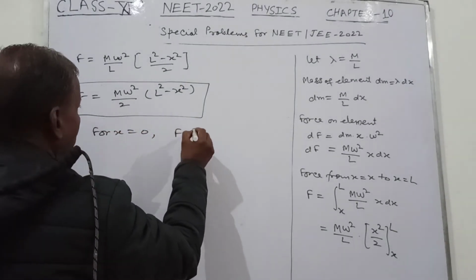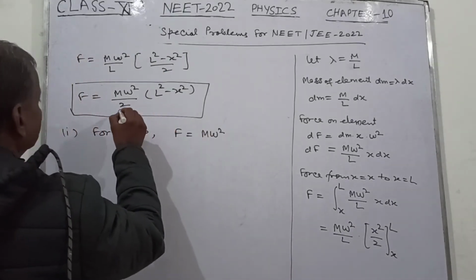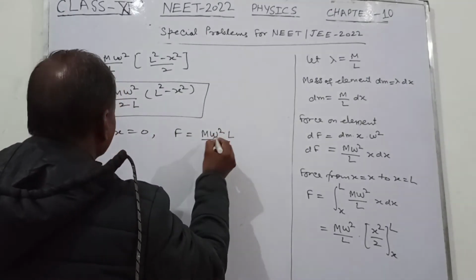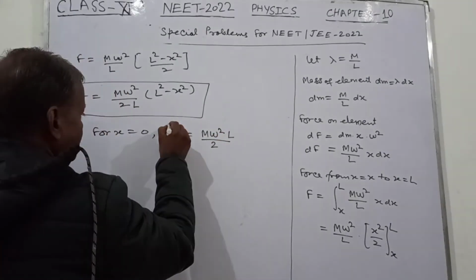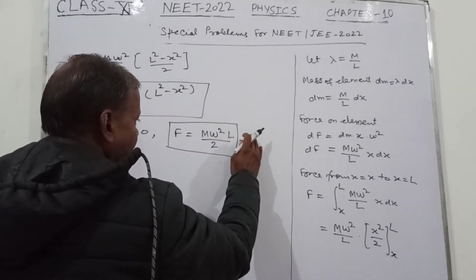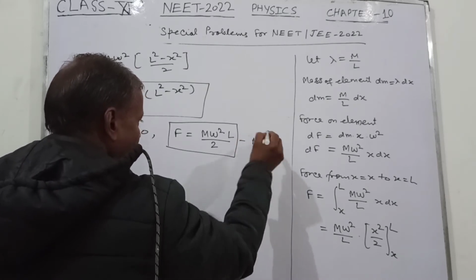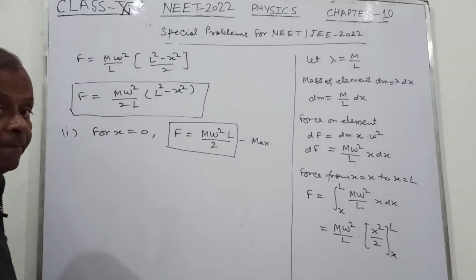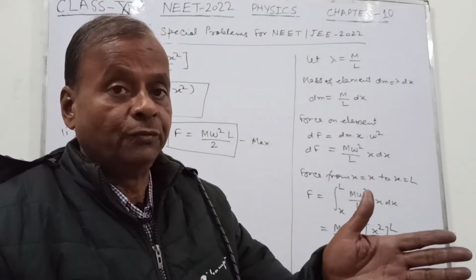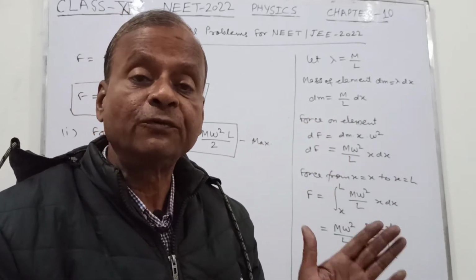F will be equal to m omega square L upon 2. This is the maximum force. It means that the rod at the axis of rotation, there the force will be maximum.